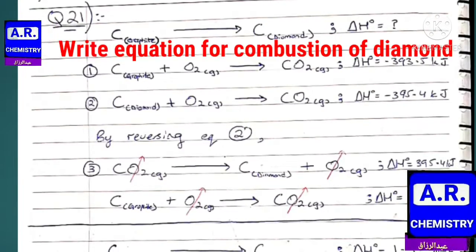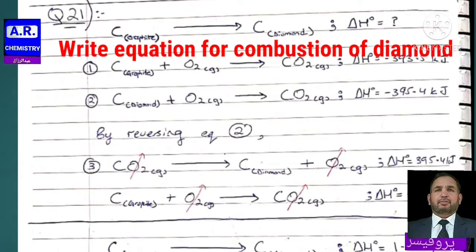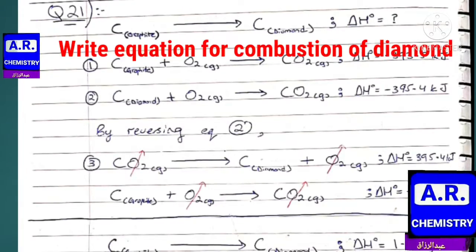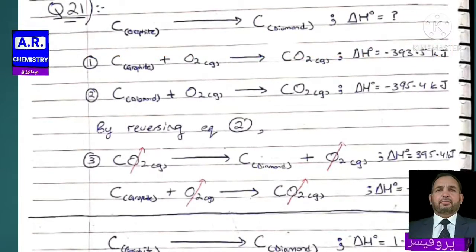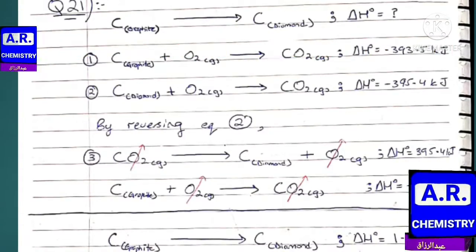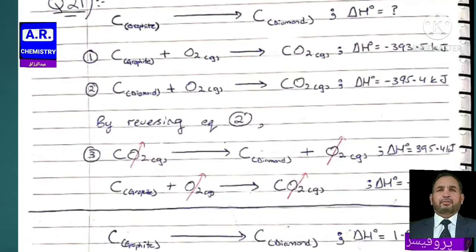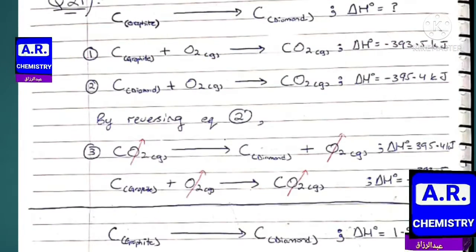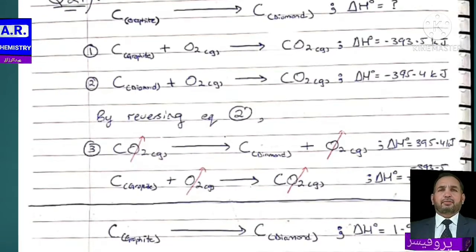So carbon as diamond plus O2, and it gives carbon dioxide, and during combustion of diamond the heat released is minus 395.4 kilojoules. So you are to write this heat value along with the reactants and products when you write the equation for the combustion of diamond. Only then it is a thermochemical equation.